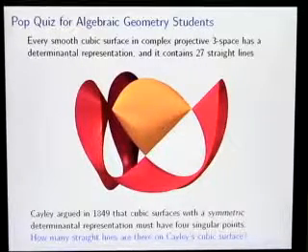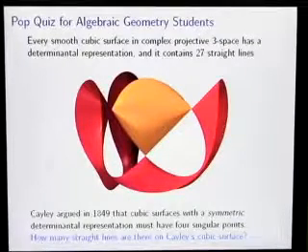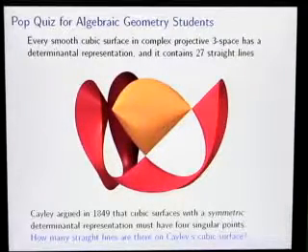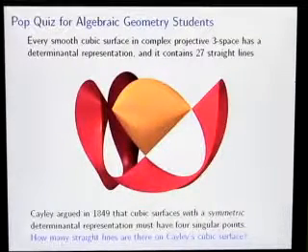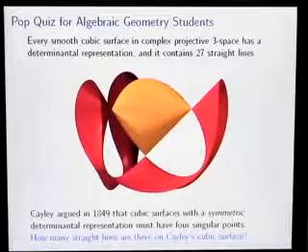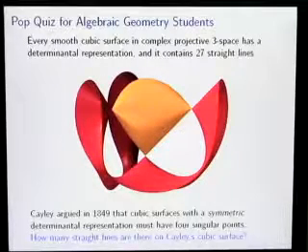Well, this picture that I showed is a singular cubic surface. And one thing that you learn about the smooth cubic surface is that it has 27 straight lines on it, right? Every smooth cubic surface over the complex numbers contains 27 straight lines.